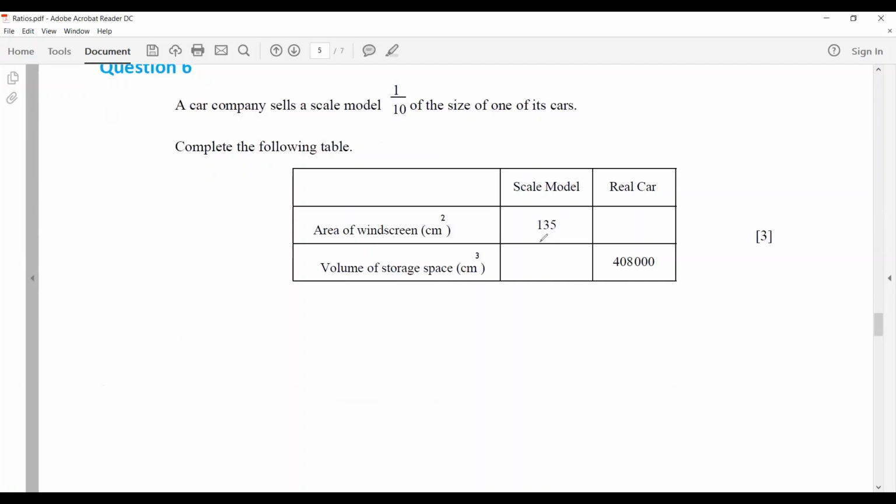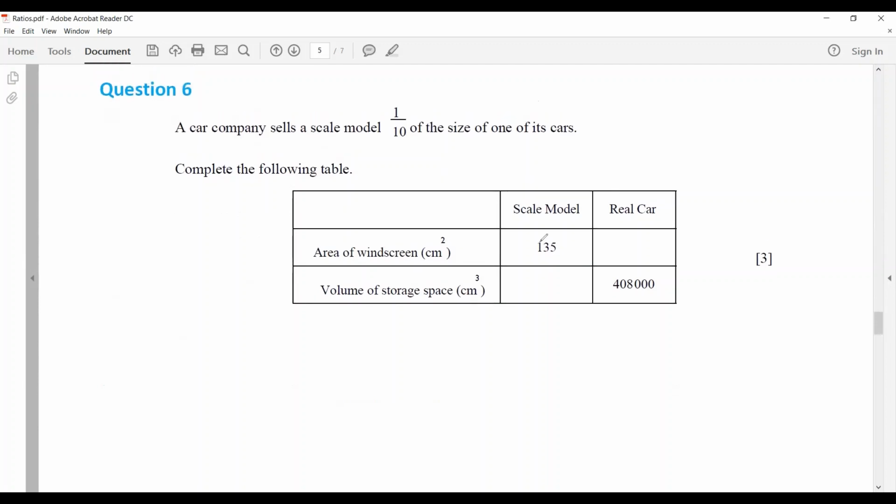Okay, so a car company sells a scale model 1/10 of the size of one of its cars. Complete the following table: scale model, real car. Of course we have to multiply this by 10. However, don't forget about the index 2 here, as well as the index 3 here.